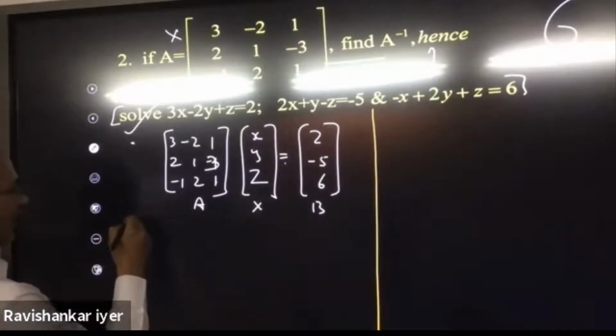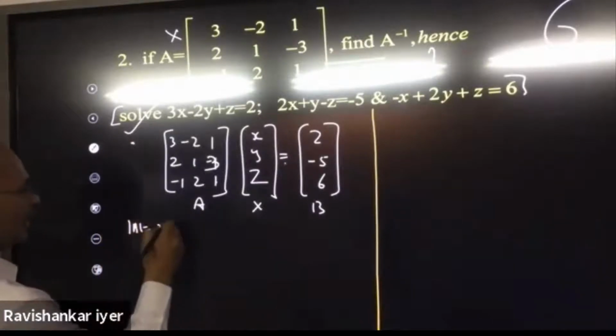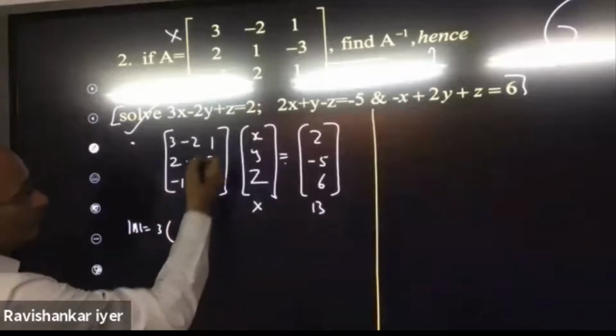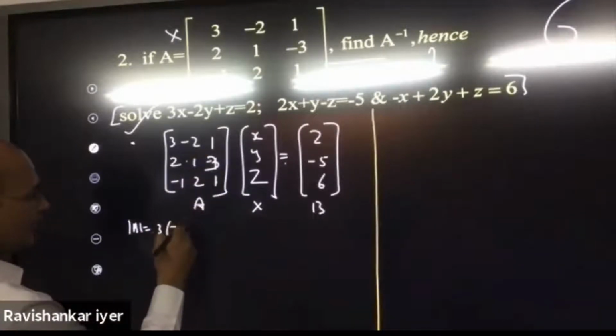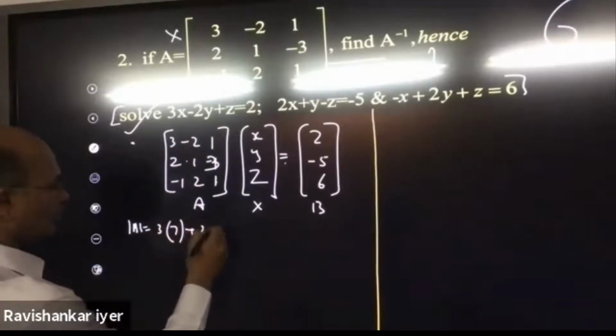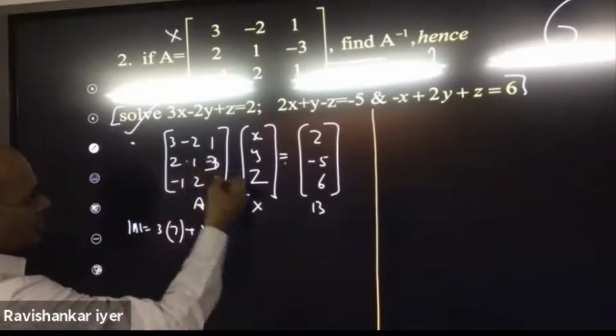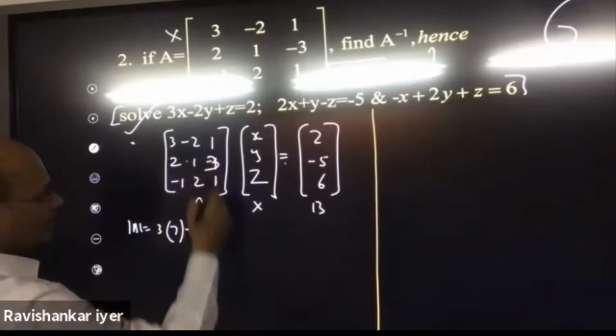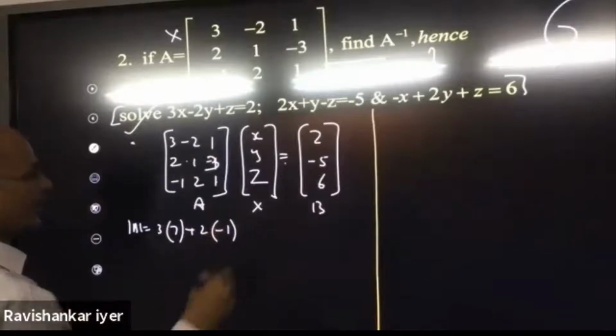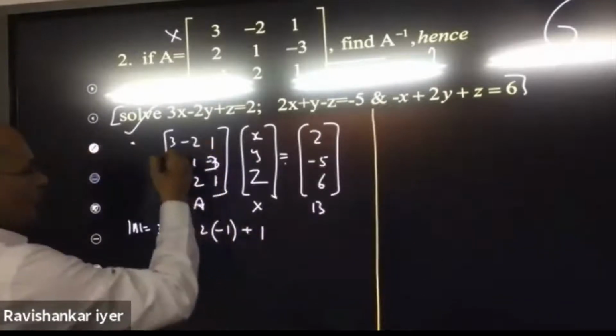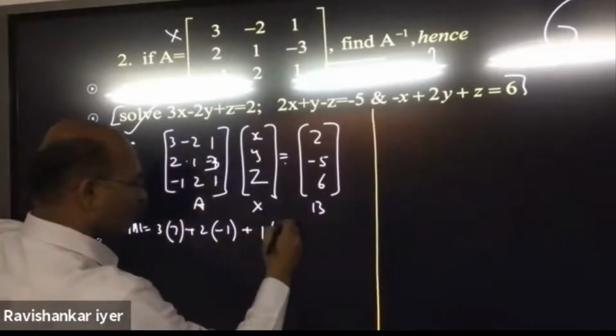So determinant A will be 3 into (1 plus 6), that is 7, plus 2 into (2 minus 3), that is minus 1, then plus 1 into (4 plus 1), that is 5.